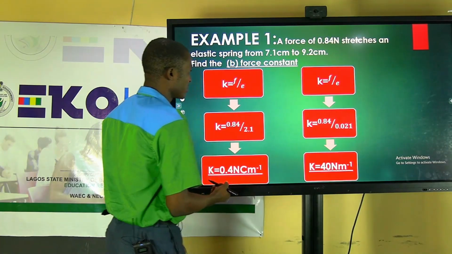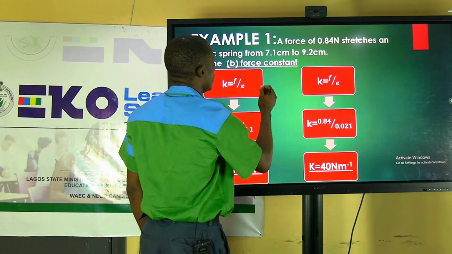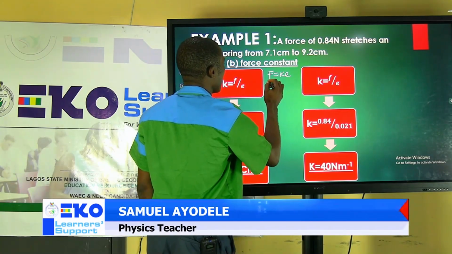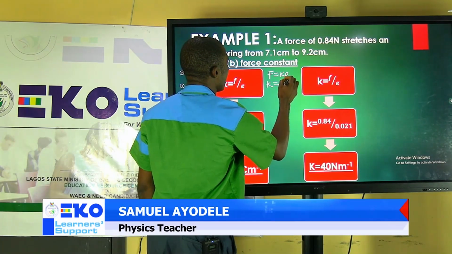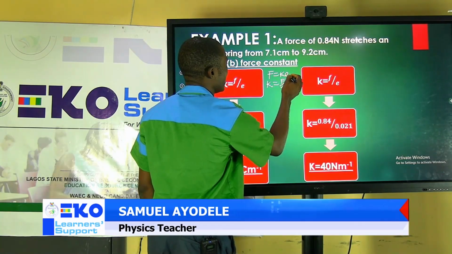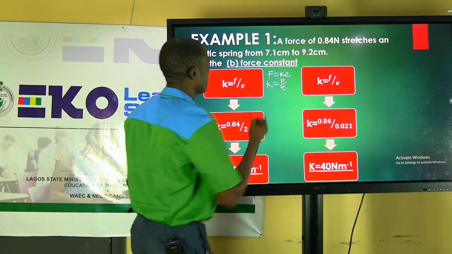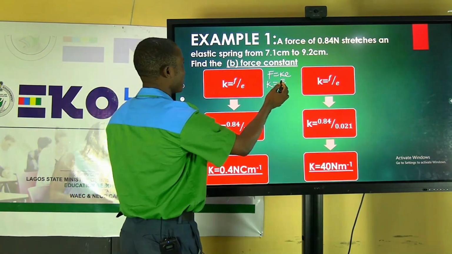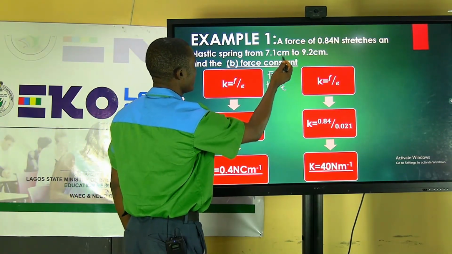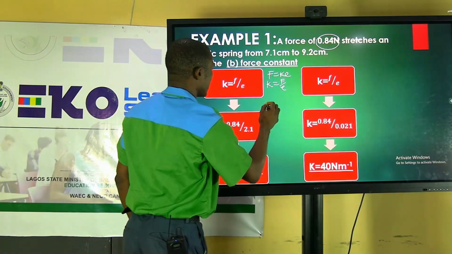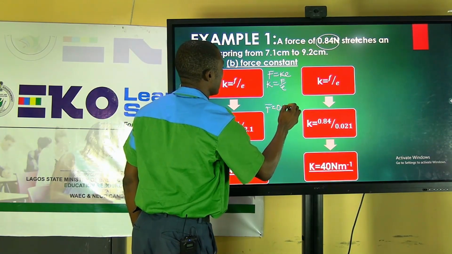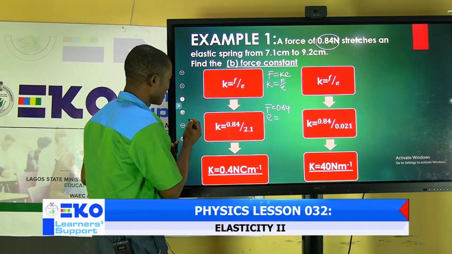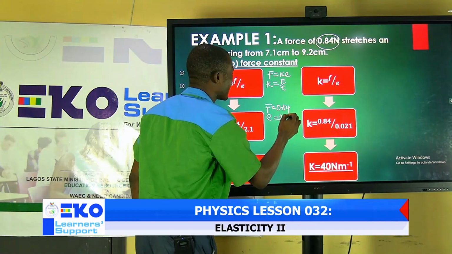From Hooke's law, which says that F equals KE, the force constant K is F over E. When you make K the subject by dividing both sides by E, you have K equals F over E. The value of F is given as 0.84, and the value of our extension from the previous calculation is 2.1 centimeter.